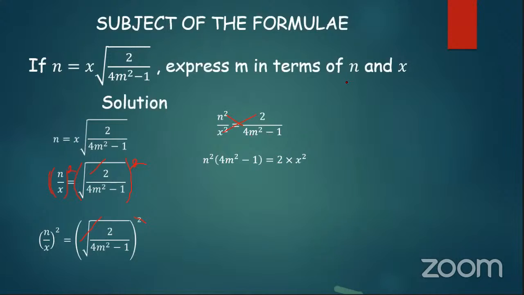What will that give us? Yes, suggestions, please. 4 into brackets nm close brackets squared equals 2x squared.